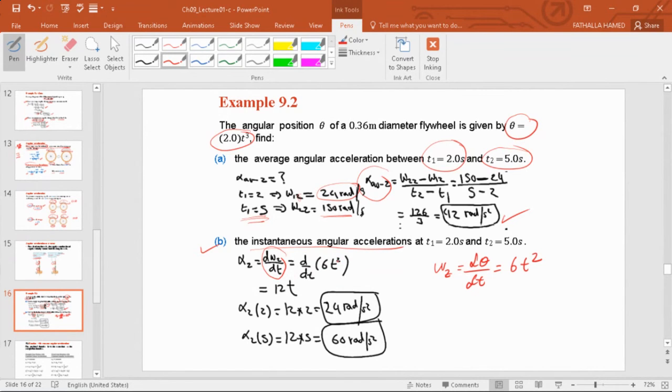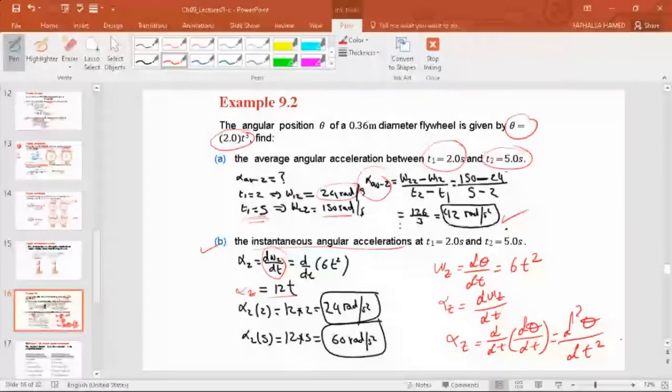The differentiation of t squared is 2t, so you multiply 2 by 6, you get 12t, and that's now your alpha z here. If you recall what we did in the earlier chapter, omega z is equal to delta theta by delta t, and alpha z will equal delta omega z by delta t. So alpha z will be d by dt of d theta by dt, which is equal to the second derivative of theta with respect to t, which is exactly what we did here.